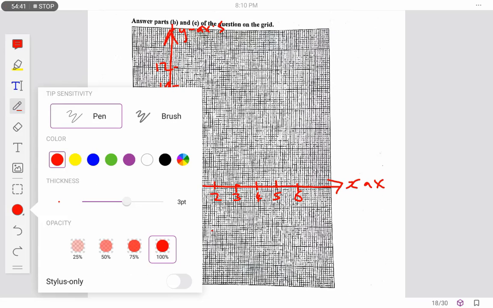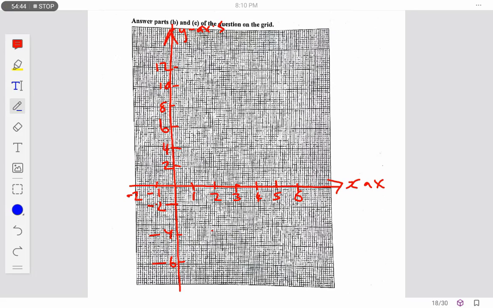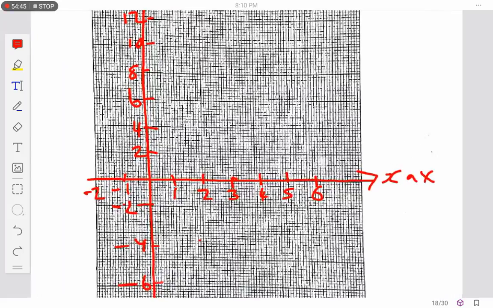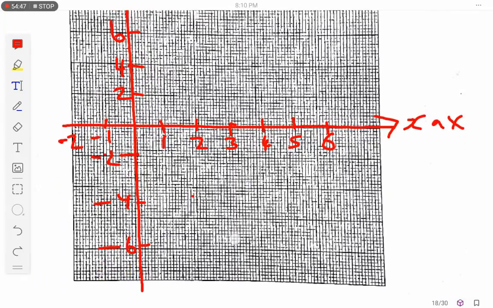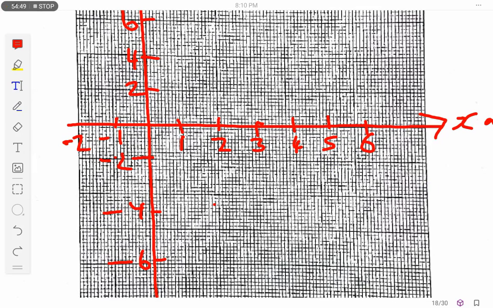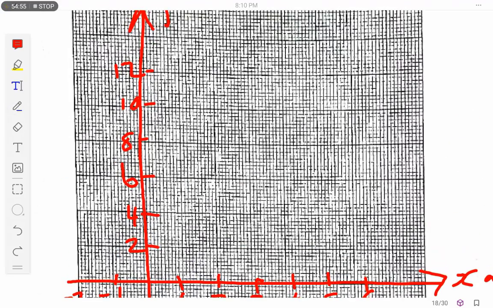Now let's draw the graph. I can zoom so that I can see the points here. The first point we've got minus 2 and 12, so it's at the top here. Then the second point I've got minus 1 and 5, so minus 1 and 5 is here. Then I've got 0, 0 here.